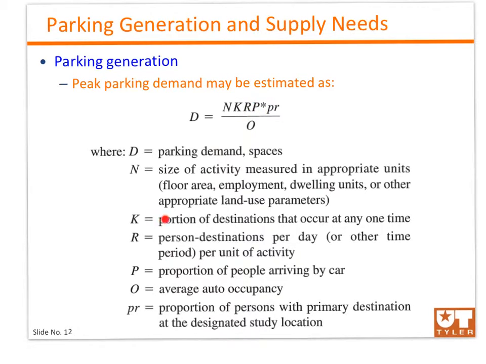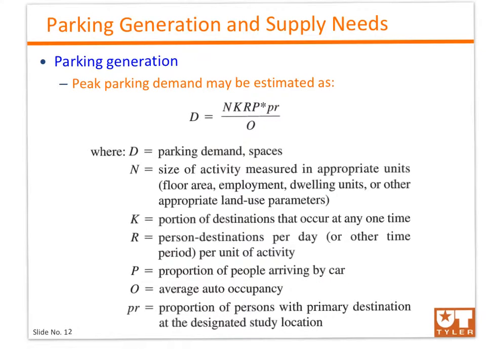K is the portion of destinations that occur at any one time. R is the person destinations per day. P is the proportion of people arriving by a car.